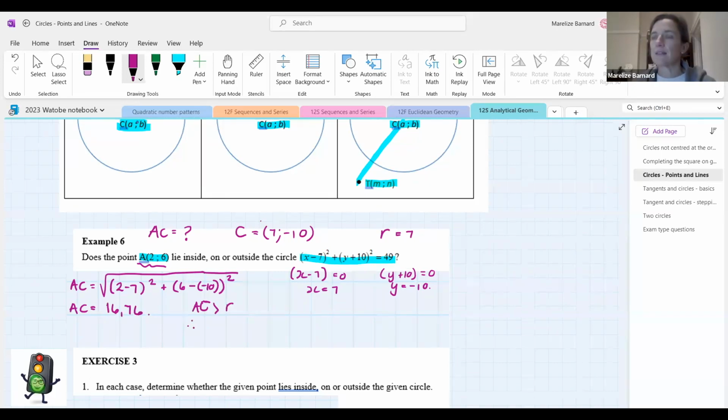Therefore, does it lie inside, outside, or on the circle? And we said if AC is greater than R, then it has to lie outside the circle.